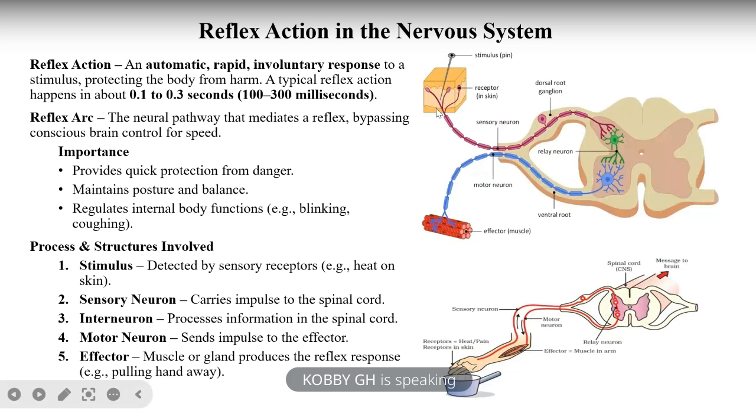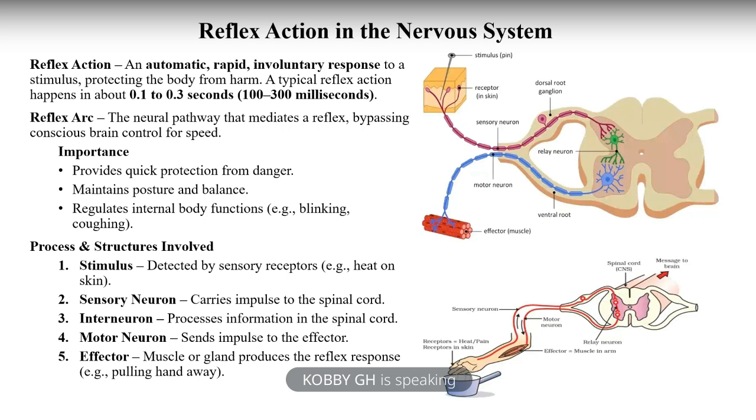The receptors in the skin will pick up the stimulus. The stimulus will be transmitted along the sensory neuron to the relay neuron, or interneuron, in the spinal cord. This one does not go to the brain. Reflex action usually happens at the level of the spinal cord.